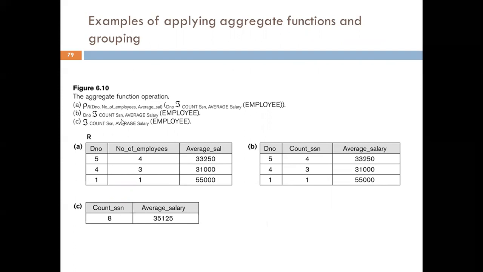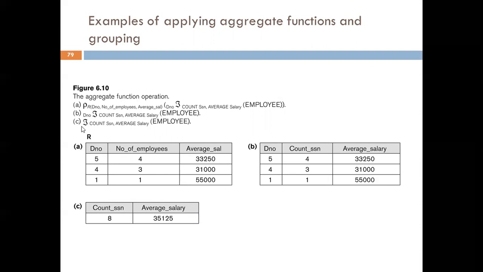If renaming is not done, then we'll obtain the result like this. And if we don't apply the group by attribute like this, we will get the result like this, which means the department number is not present.